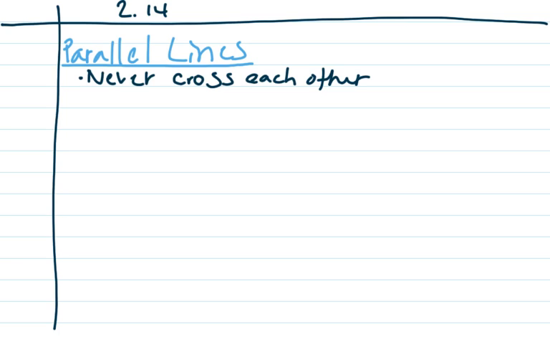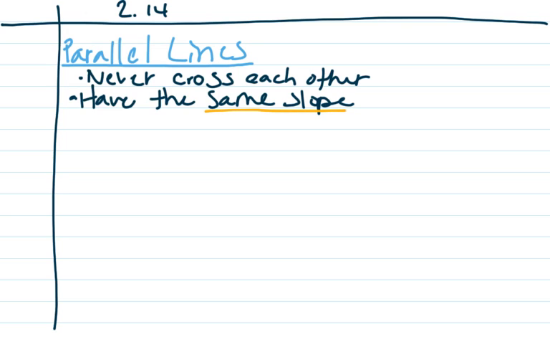And the second is they have the same slope, which is the important thing to remember for this lesson. Just a picture: remember, parallel lines will go on forever, but they will never intersect, and that's why they have the same slope.